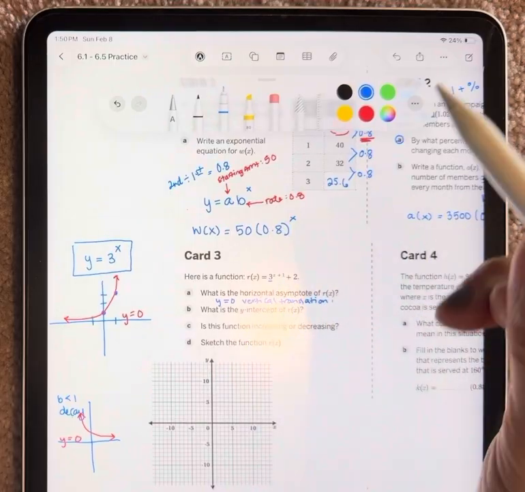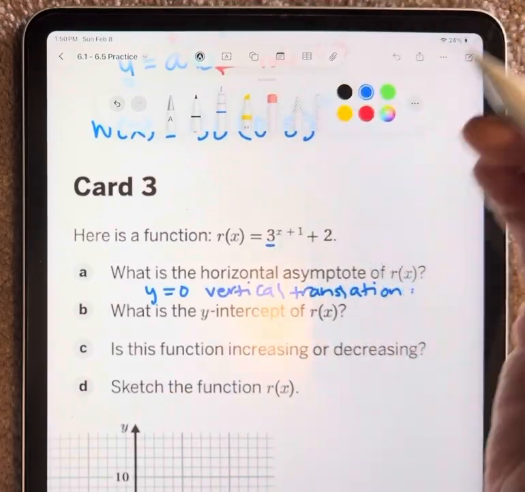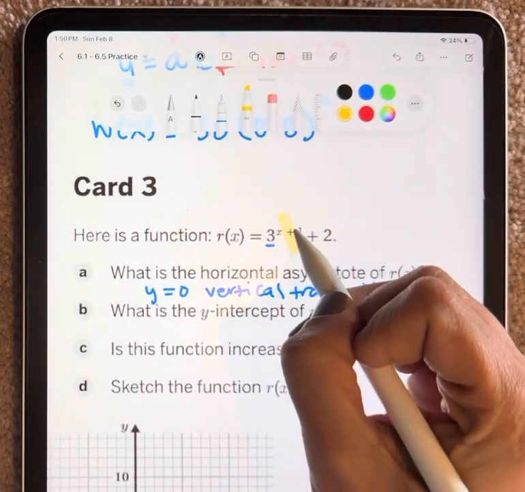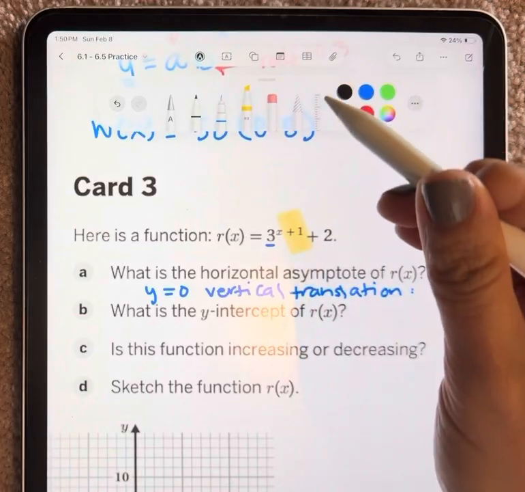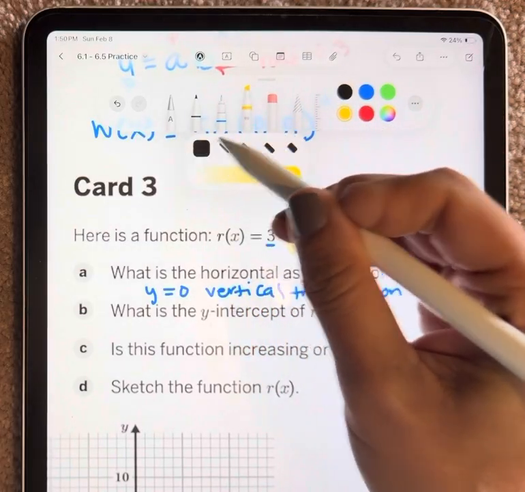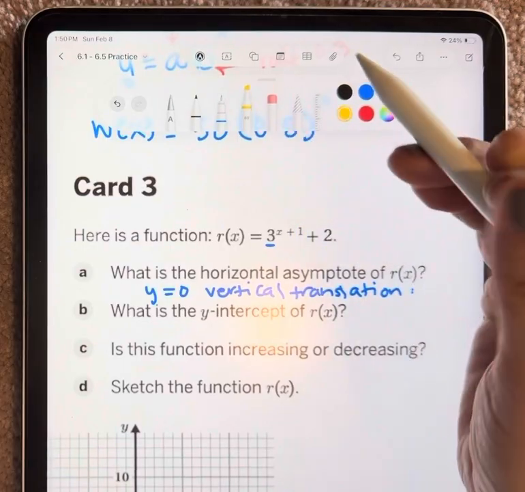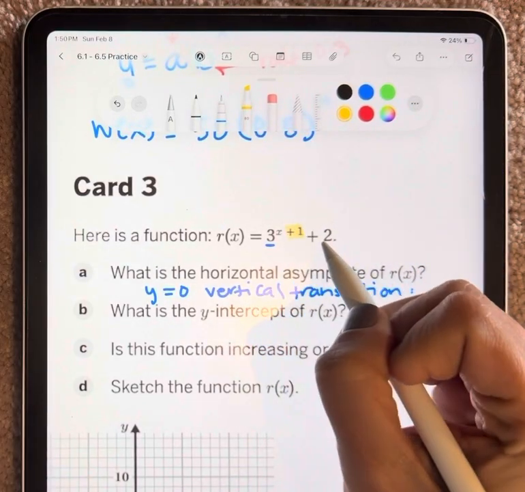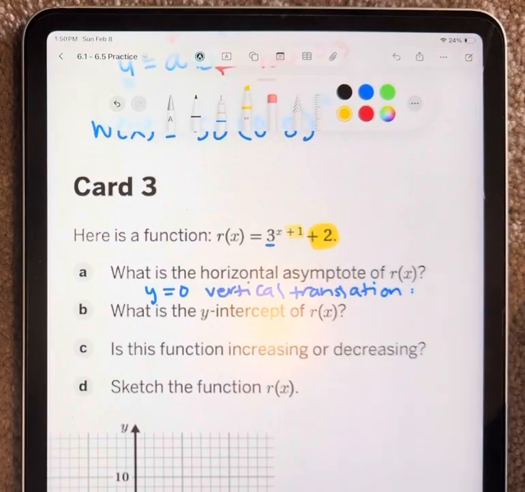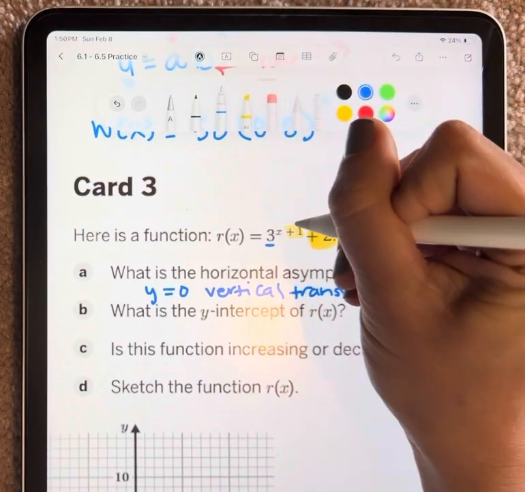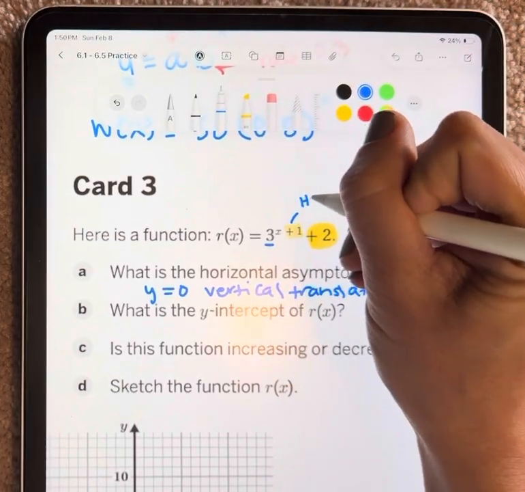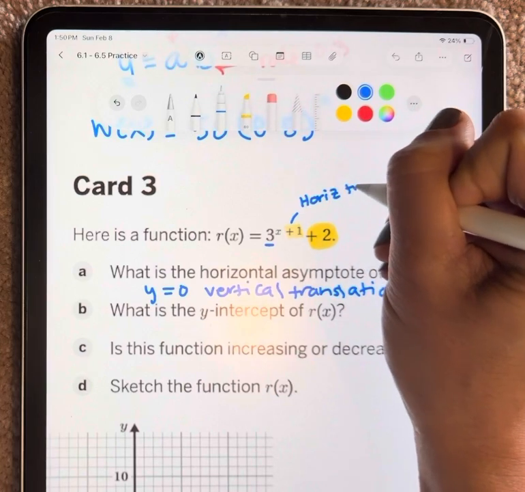Which in my situation, I have got myself this happening. I also have this right here happening. This is a horizontal shift, horizontal translation.